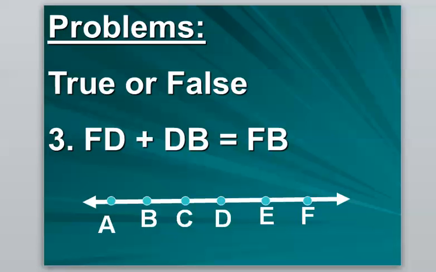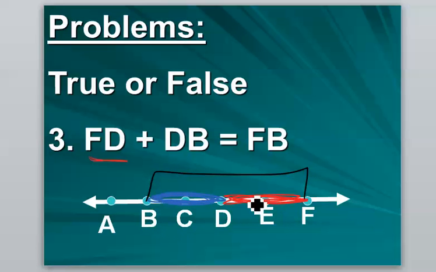Number 3 says the segment FD, and I'll put that in red, so F to D. And remember, these lengths can be listed either way, D to F or F to D. It's the same thing for that segment. Plus the length of D to B is equal to the length of the segment FB.